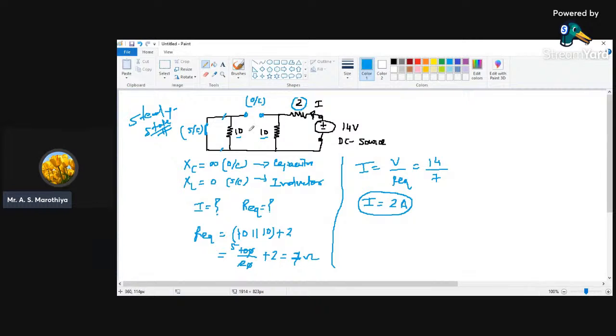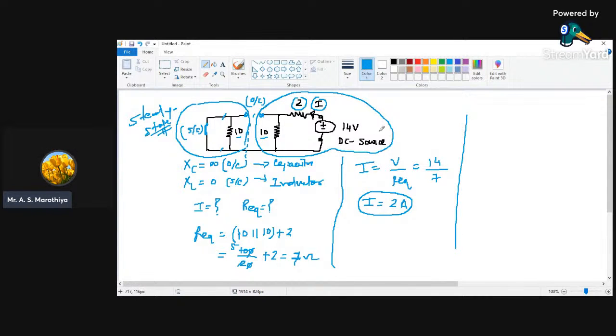Because this path is disconnected completely with respect to this particular network, this portion of the network is not going to have any influence on the magnitude of this current. That means to find the value of current, we have only this portion of the network in the picture. And in this network, we have only a series combination of 10 ohm with 2 ohm resistor.